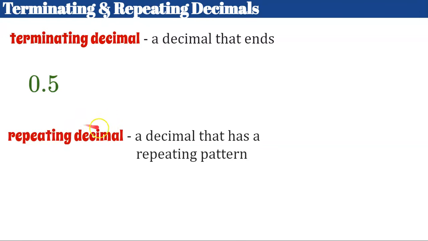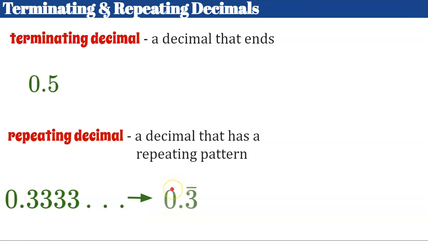A repeating decimal is a decimal that has a repeating pattern. So for example, we have 0.333 and we have the ... extending it infinitely. Or it could be written as 0.3 with this repeating bar. This bar right here, which I'll talk about in a minute, tells you that this digit repeats infinitely.